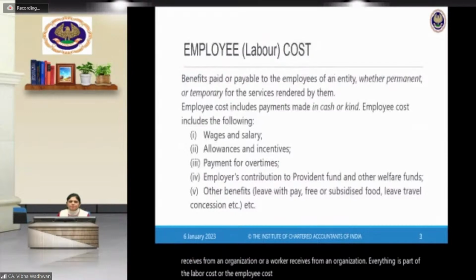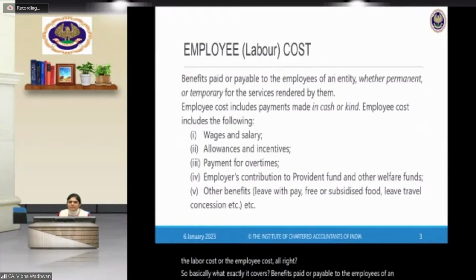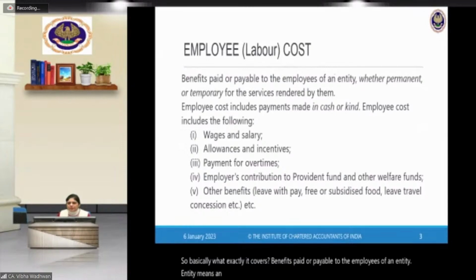All right. So what exactly does it cover? Benefits paid or payable to the employees of an entity. Entity means an organization or a company, whether permanent or temporary. Certain employees are on the permanent payroll of an organization, and certain are on a temporary or contractual basis.